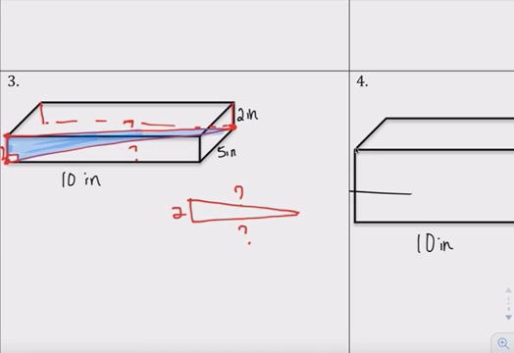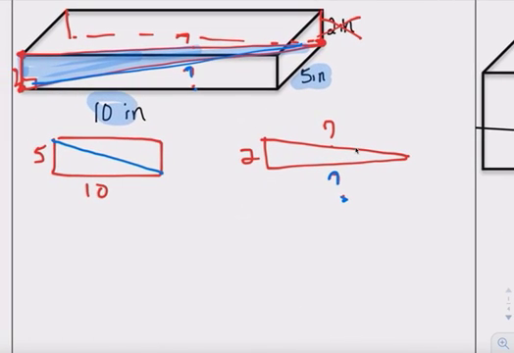Okay, so we got this number 2, and what's left is the 10 and 5. So that extra bottom on the bottom of the box is the 10 and the 5. Okay, and we're trying to find this diagonal right here. So we're trying to find that diagonal right there, and that will give us this point or this point here. Okay. So we used all 3 numbers.